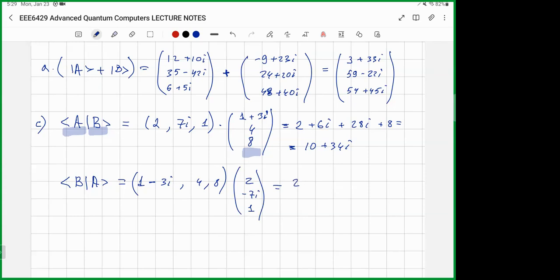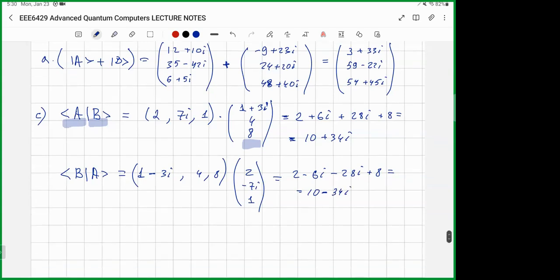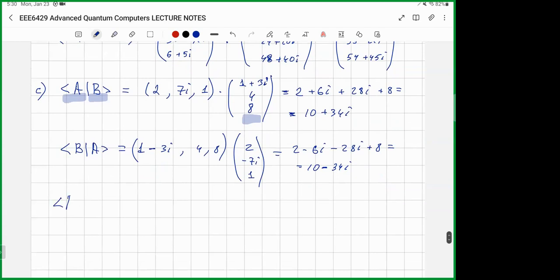We get 2, then minus 6i, then minus 28i, then plus 8, equals 10, and now minus 34i. So we conclude that the product AB doesn't equal the product BA.